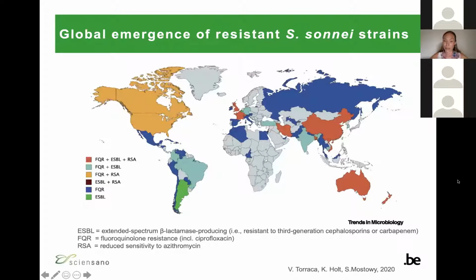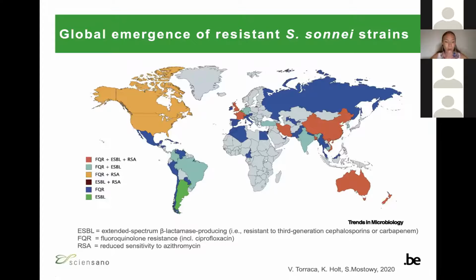And as you probably already imagined, antimicrobial resistance is increasing and emerging globally and is really a huge problem for Shigella sonnei. For example, in this map, color-coded, we can see that we have Shigella which express extended spectrum beta-lactamases, or ESBLs, which govern resistance to third-generation cephalosporins, or carbapenems.